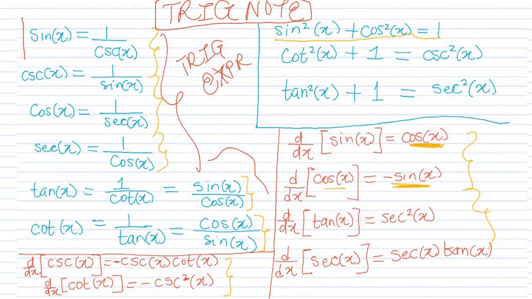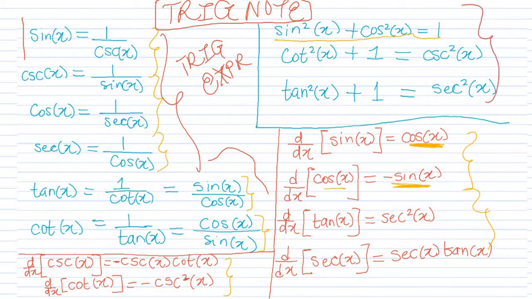Cosine x is the same thing as 1 over secant x, and secant x is the same thing as 1 over cosine x. And tan x is the same thing as 1 over cotangent x, or sine x over cosine x. All of this information on the left side of the page is called trig expressions.